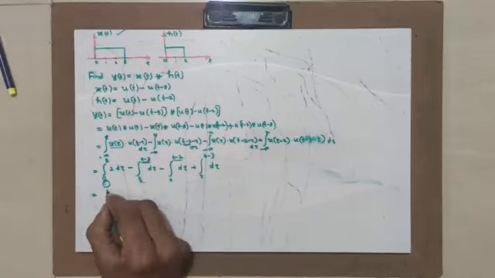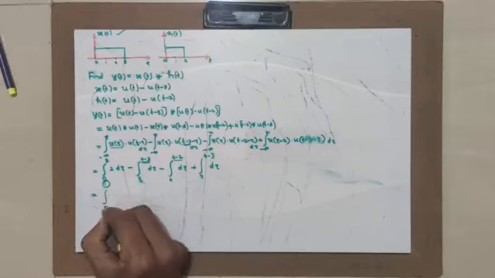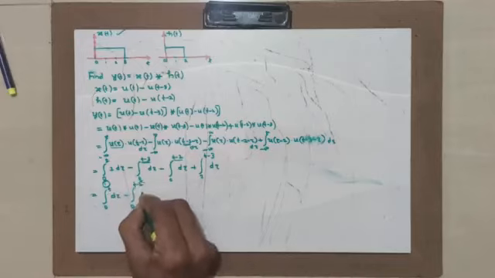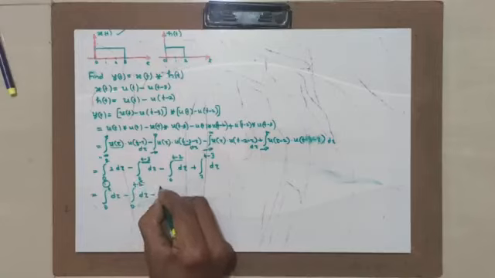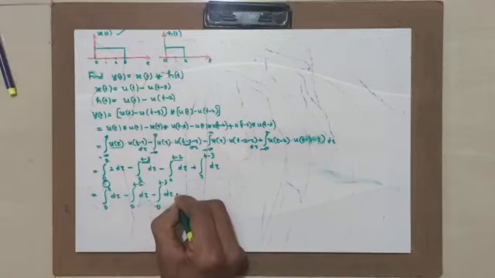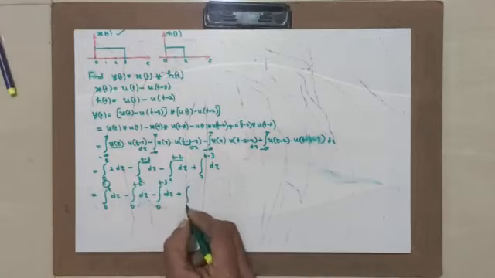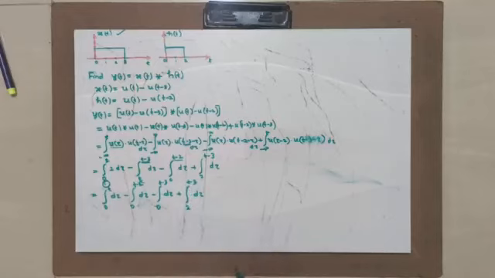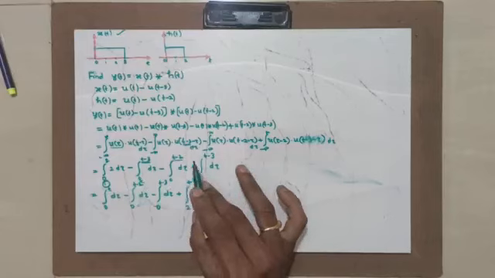Hence I will rearrange these things. 0 to t d tau minus 0 to t minus 2 d tau minus 0 to t minus 3 d tau plus 2 to t minus 3 d tau. Now these 4 terms I have written serially. I hope you understood. I have rearranged these terms.